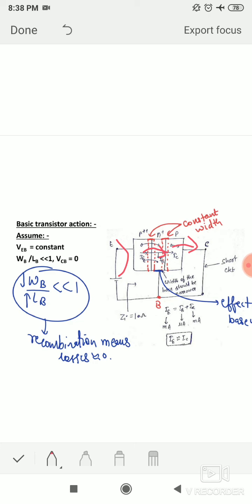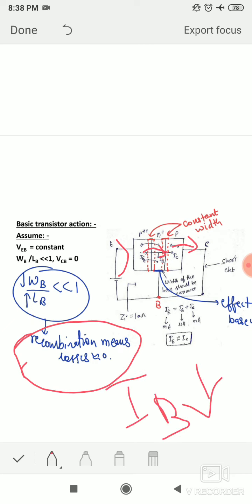The recombination process occurs between P type holes and N type electrons in the base junction. This is how the base current is produced. So we should decrease the base current. To decrease the base current, we should decrease the recombination current or recombination process.